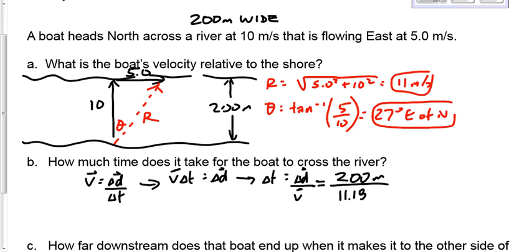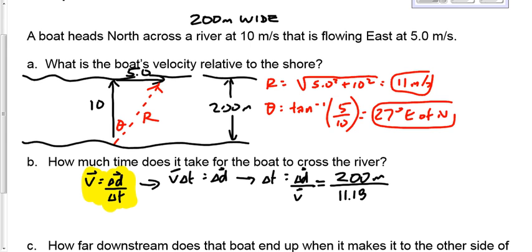When I use this equation, it always assumes that velocity and displacement are in the same direction. If displacement is to the right, the velocity is to the right. If the velocity is down, then the displacement is down. Here I'm using a displacement straight north across the river, but a velocity at an angle of 27 degrees. Those aren't the same direction.